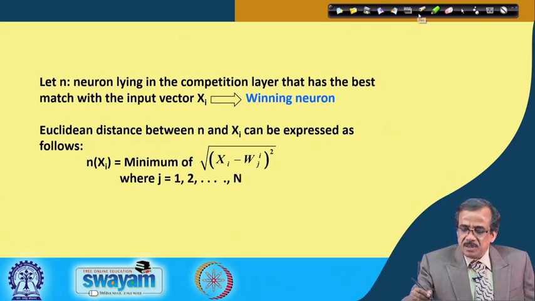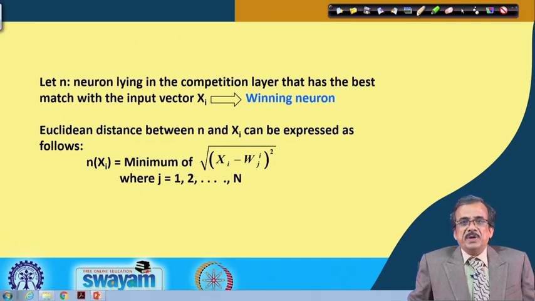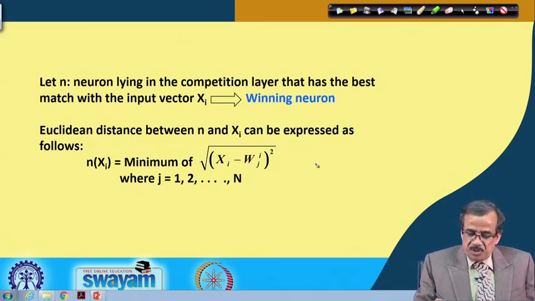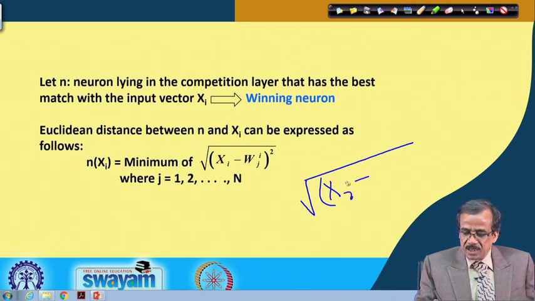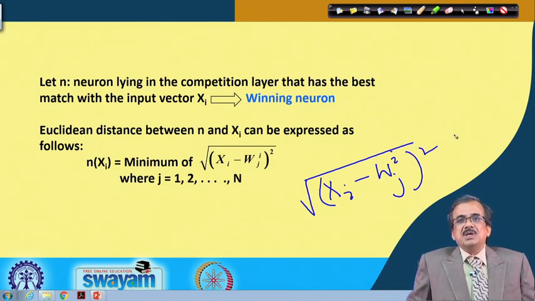As I mentioned, we are going to determine the Euclidean distance between xi and Wji, and this Euclidean distance is nothing but xi minus Wji, squared. So, this is the Euclidean distance between xi and Wji.